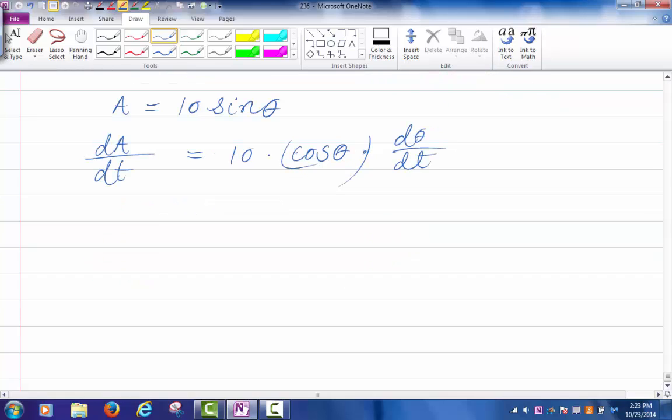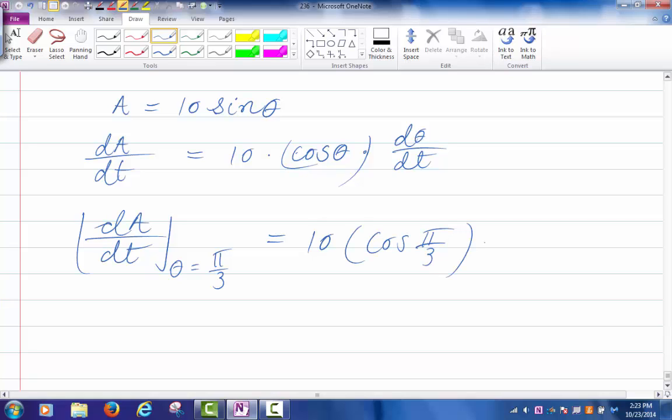What are we given? We want to know the rate of area at what moment? At the moment when theta is pi over 3. So you have 10 times cosine pi over 3. And what's the rate of theta given? Is that an increasing rate? So it's positive, right? 0.06.